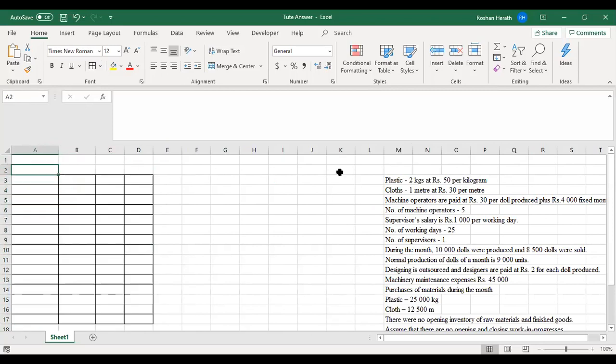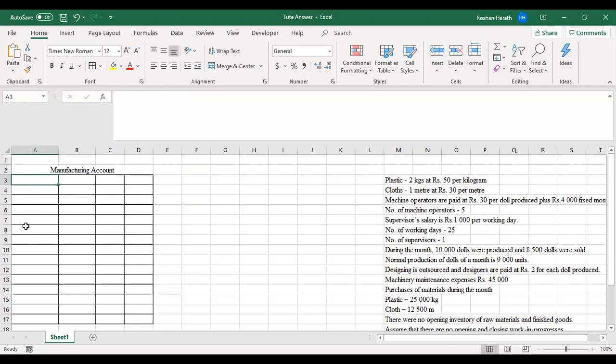So this is the manufacturing account. You can take a rough sketch. Right. So what you have are the direct costs.